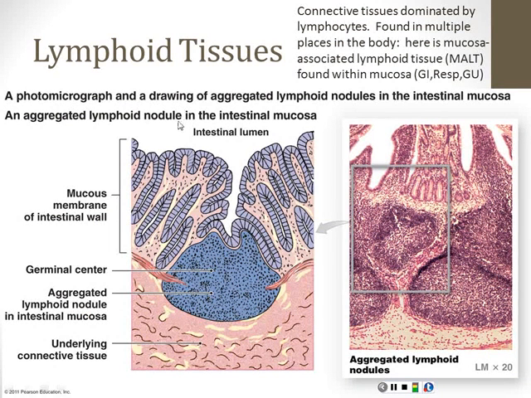For example, if we look at our picture here, what we're looking at is the digestive tract, the lining of the tube where absorption occurs. So this is all digestive tract. But then nestled down here underneath this normal tissue is this big cluster of lymphoid cells. So we would call this a lymphoid tissue. Why is it there? To help fight off infection.